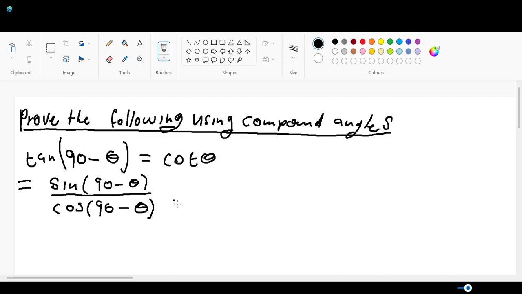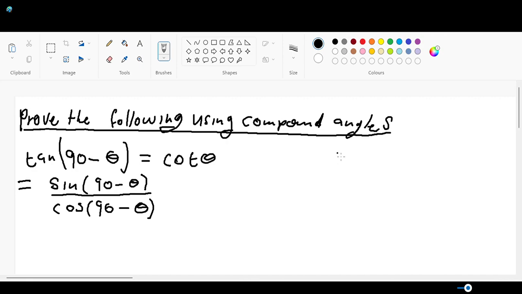You can use the identity of tan, whereby you can say sine over cos is also tan. Now meaning, if it's like this, on the numerator you're supposed to use the sine compound angle, and in the denominator you're supposed to use the cos compound angle.